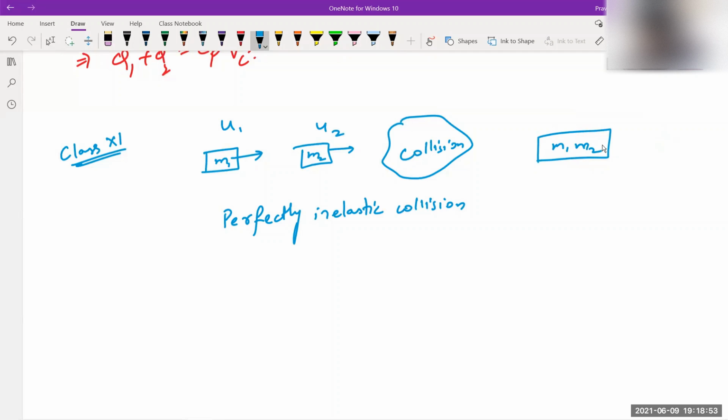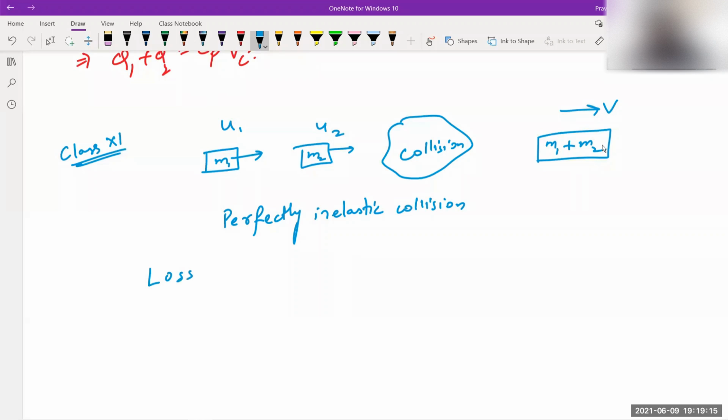In a perfectly inelastic collision, two bodies collide and either they stick, or their final velocity remains the same. Yes, sir. So these two will move with a common final velocity. We also know that there is maximum loss of kinetic energy in perfectly inelastic collision.